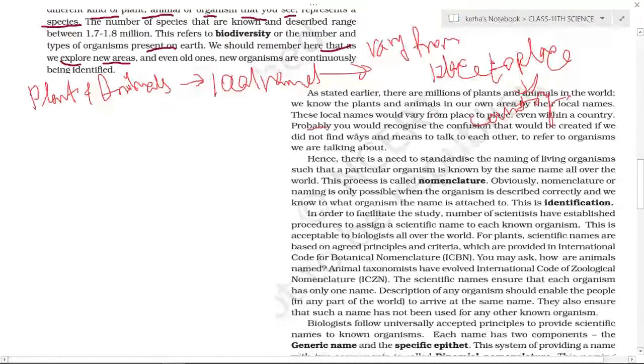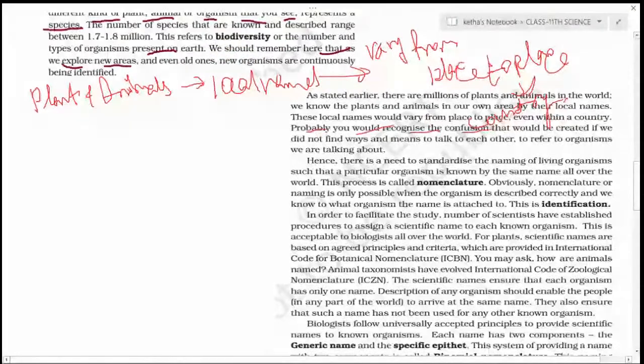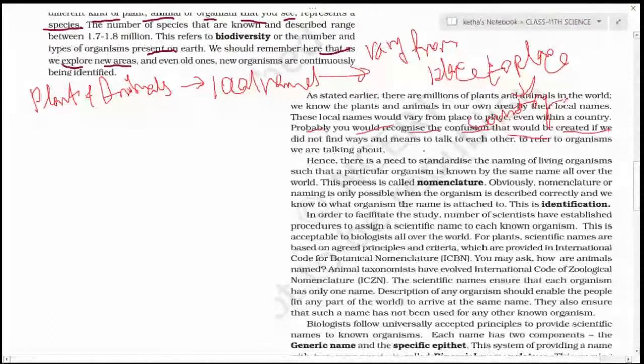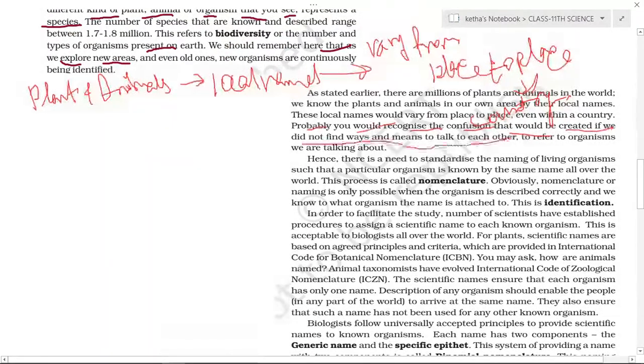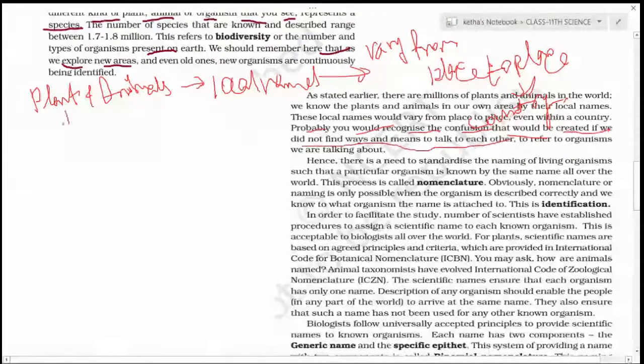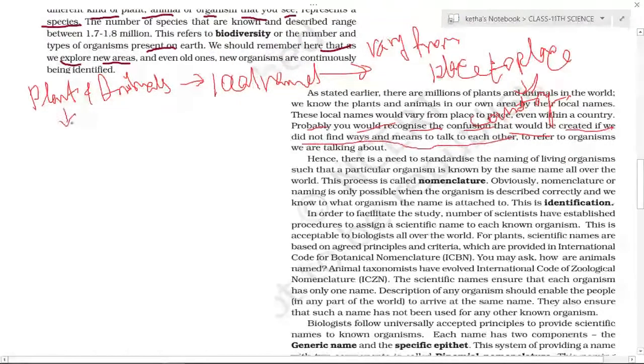Probably you would recognize the confusion that would be created if we did not find any ways and means to talk to each other. If we could not recognize the plants and animals present around us, it is most difficult, right?